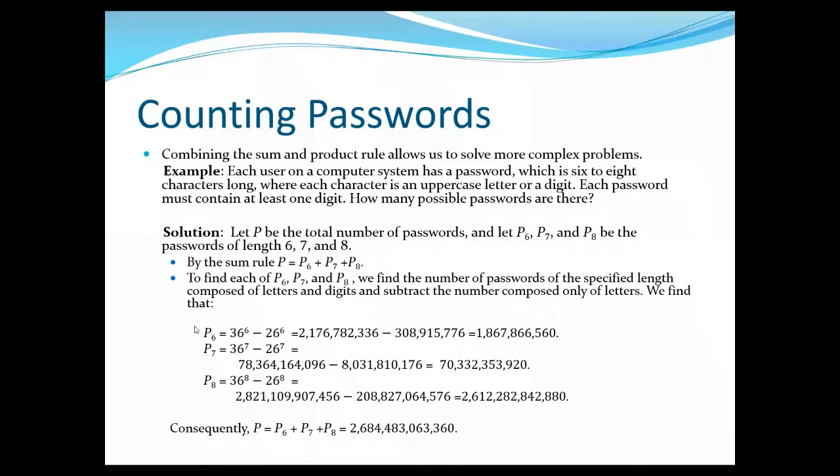So we have 36 raised to 6, because we have 6 positions: 36 for the first, 36 for the second, 36 for the third, 36 for the fourth, 36 for the fifth, and 36 for the sixth position. And then we're going to subtract the possibility that all characters will be alphabet.